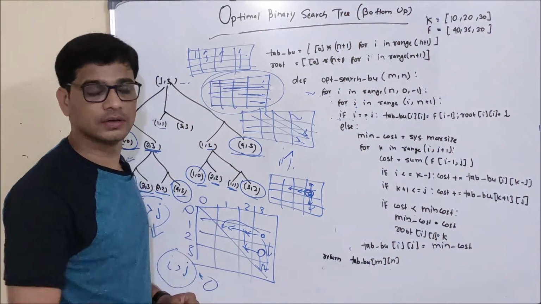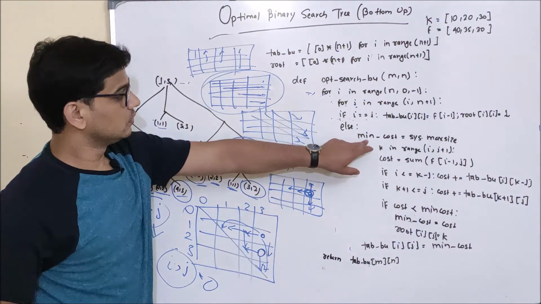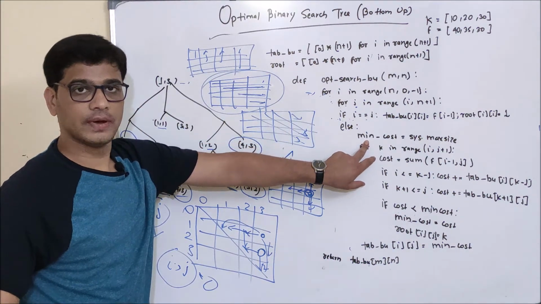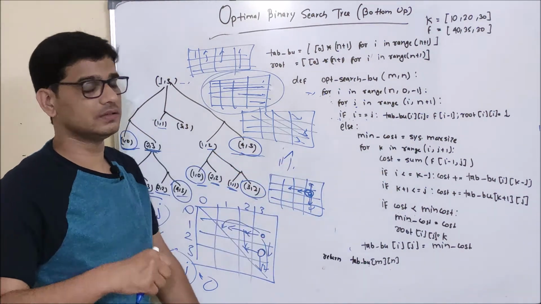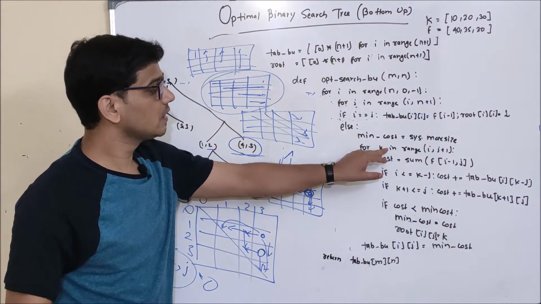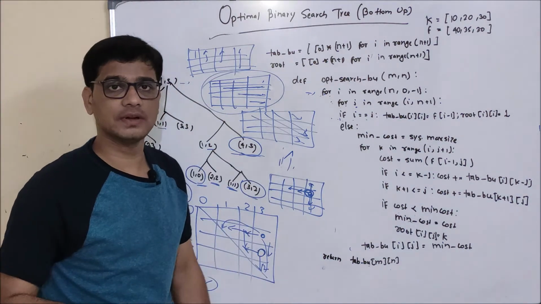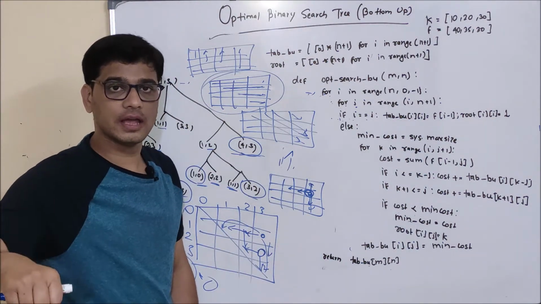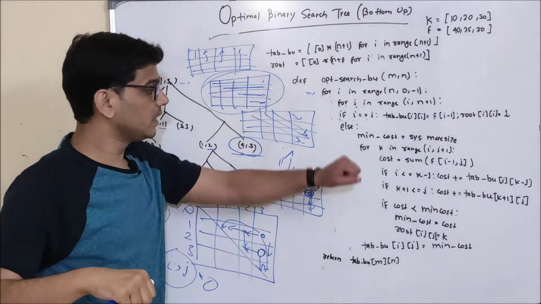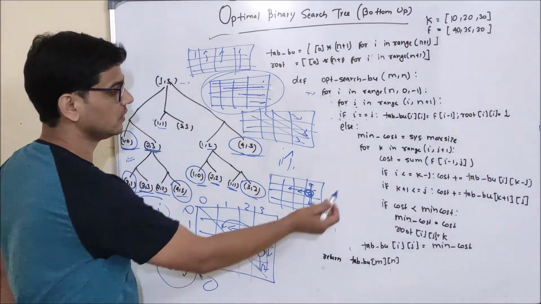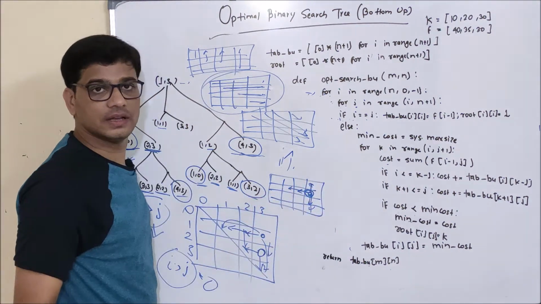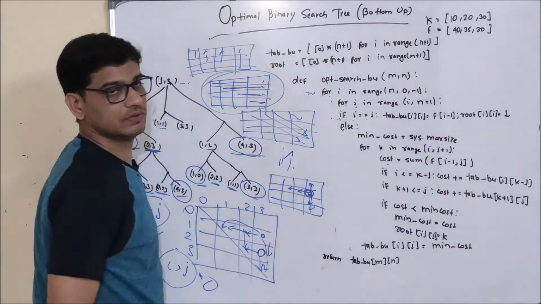Okay, so first of all, min cost variable is initialized with infinity, then this for loop is running for key equal to i to j plus 1, that is it will try every key and make each key root one by one and see which one is optimal. So here cost variable is getting initialized, it is sum of all the frequencies.